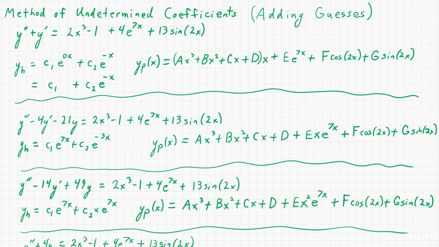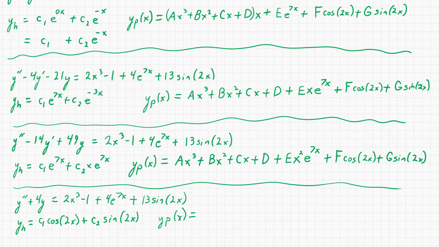Now for the last one, I didn't have quite enough room, but I just barely, so I'll move that up. For this one, new differential equation on the left-hand side: y double prime plus 4y, same thing to guess for on the right-hand side. The homogeneous solution has roots of positive and negative 2i, so it ends up being c1 cosine 2x plus c2 sine 2x. So this one ends up modifying the sine and cosine.